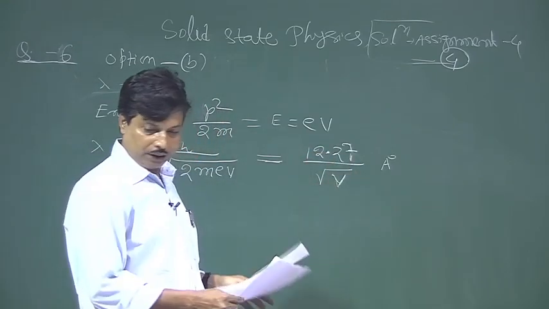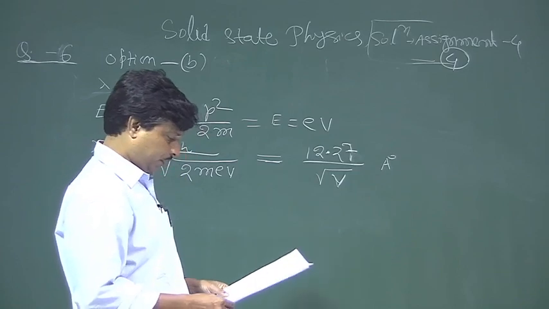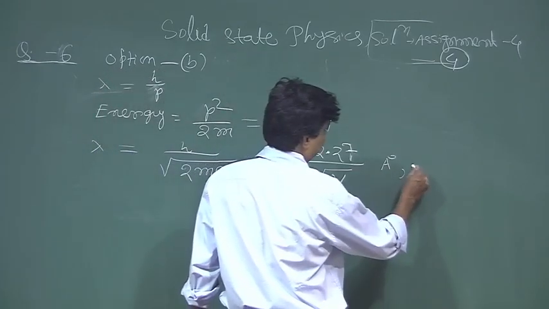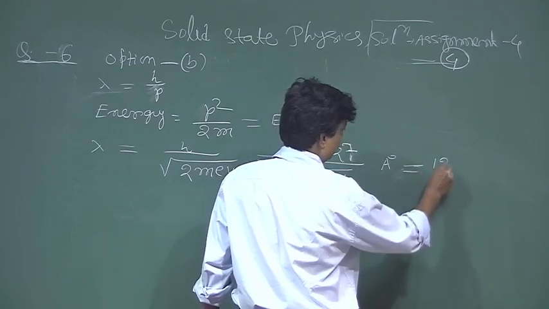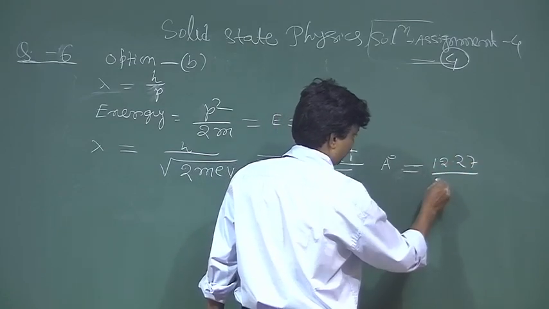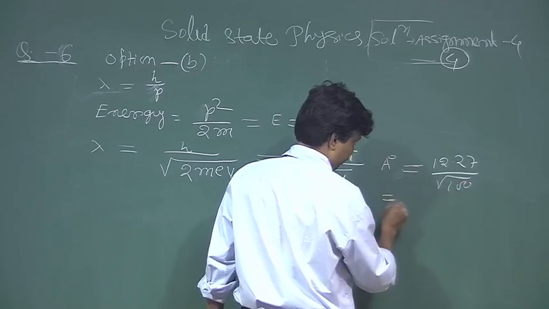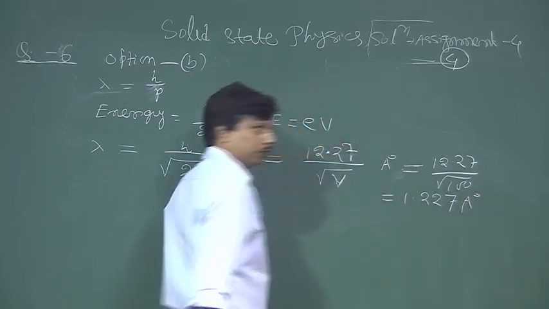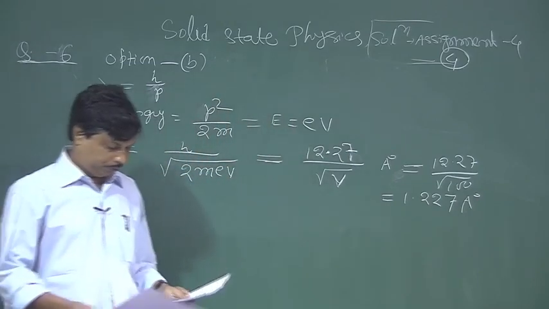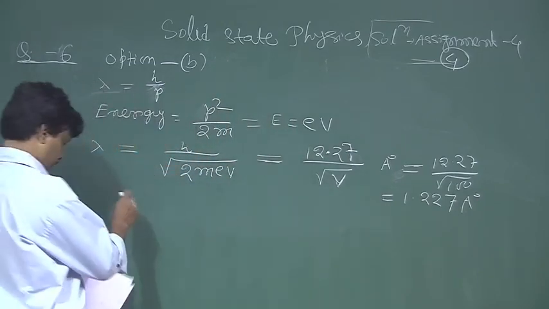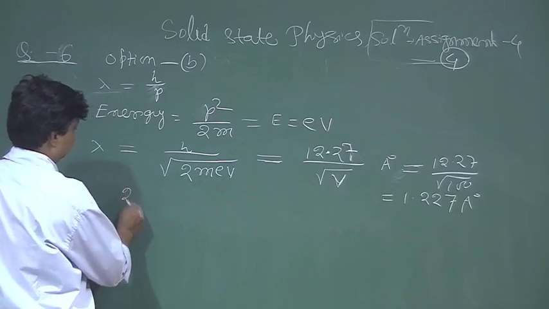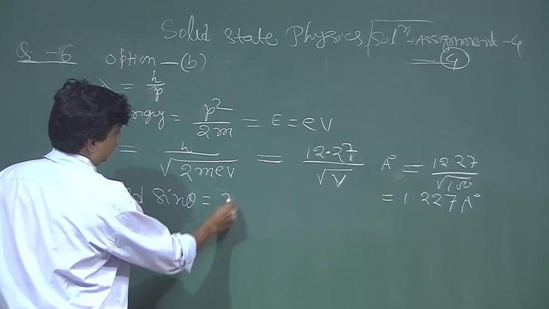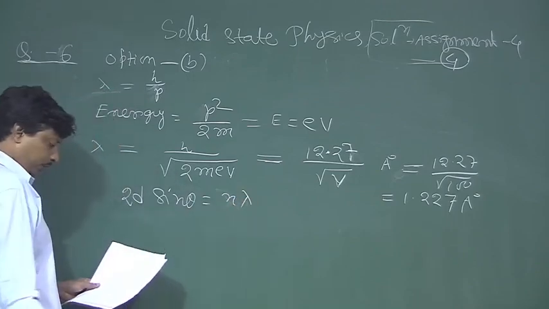In our case the applied voltage is 100 volt. So lambda will be 12.27 by root over 100, which gives 1.227 Angstrom. Now you apply the Bragg relation, 2d sin theta is equal to n lambda, for the first order.